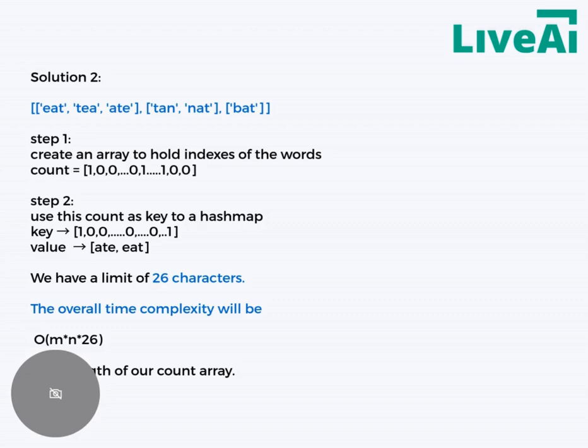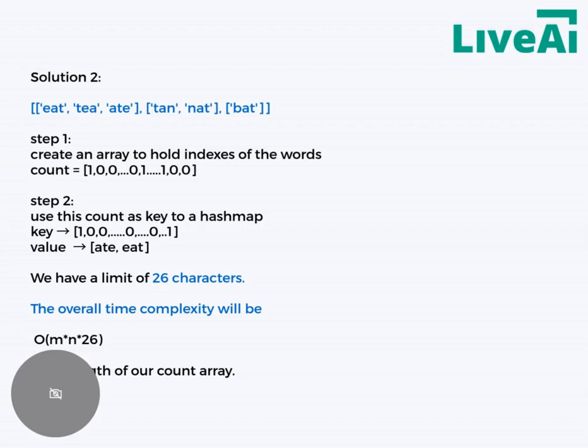and use this count as a key to a hash map. So for example, if we have eat, eat will have one a. So at the 0th position of the array, we will have 1. The others will be 0. Then at the fourth index, we will have e, and then at the 19th index, we will have t, and this will be similar for all these three words, right?